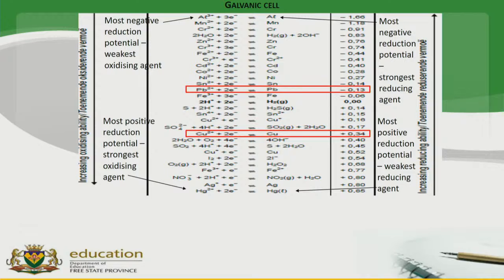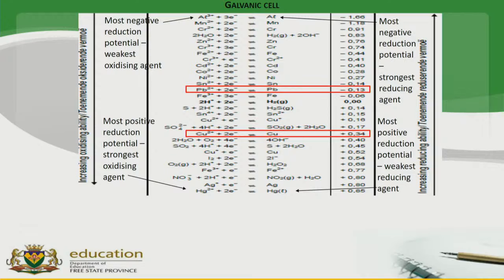It means in these equations, every substance on the right hand side of the arrow is a reducing agent. And on those substances, when you move up the table, the reducing ability increases.